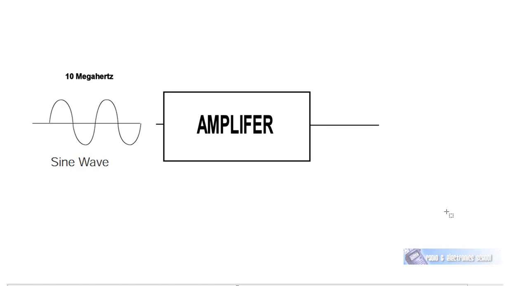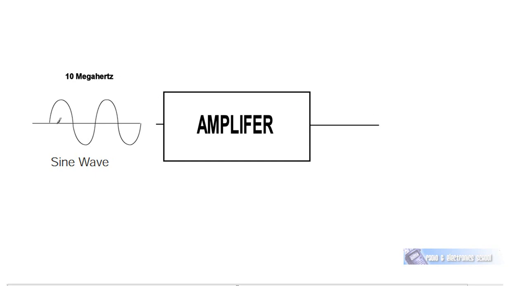If you have a sine wave and you want to make it bigger, you need to use an amplifier. If an amplifier is linear, then by rights, whatever you put into that amplifier should come out. The only difference will be that it's bigger, because linear amplifiers just amplify things without changing anything.